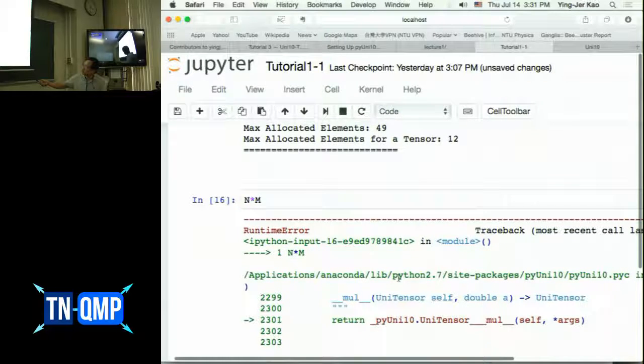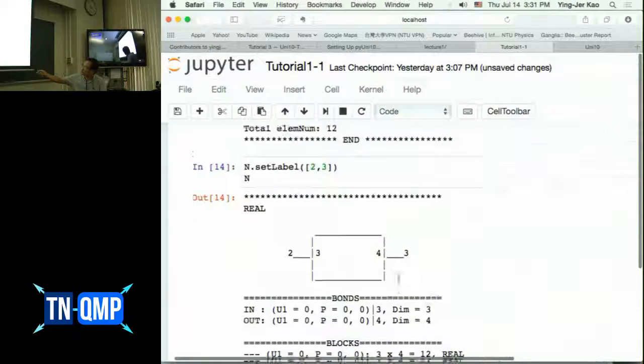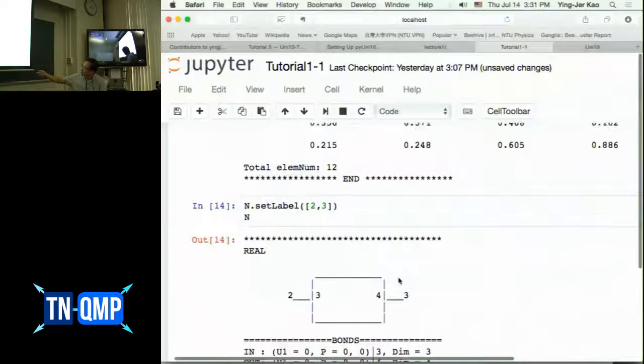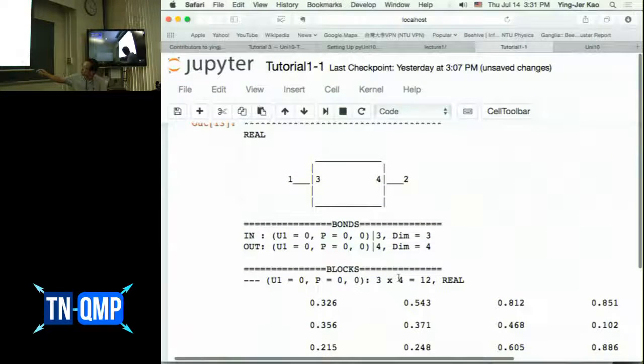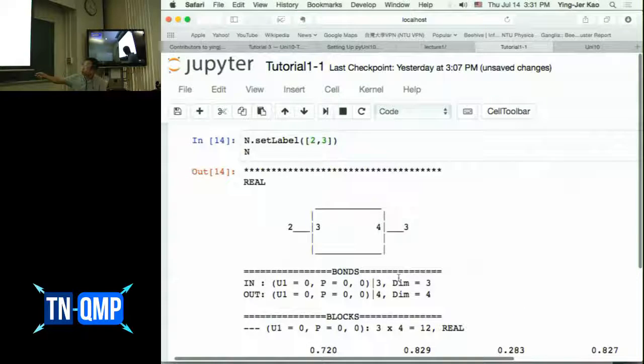So if you just take it and run it initially, you should have an error on this n times m, because the repeat index are not compatible. This label's dimension is 4, and this label's dimension is 3. So you cannot contract these two.